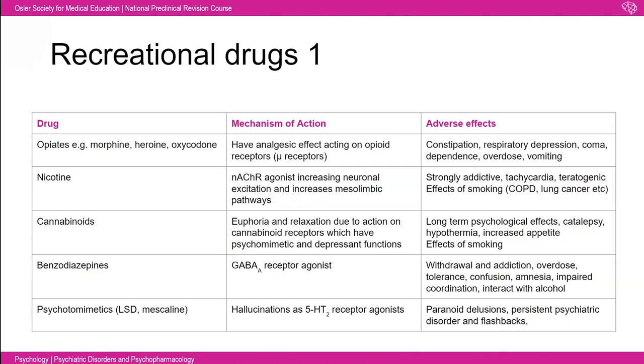And the effects can last up to 6 weeks after you take them. Here you need to note that schizophrenic people who take psychopharmacology are particularly prone to having adverse effects from them. The adverse effects can be paranoid delusions, persistent psychiatric disorders, and flashbacks. And those flashbacks can continue up to the 6-week period after taking them.